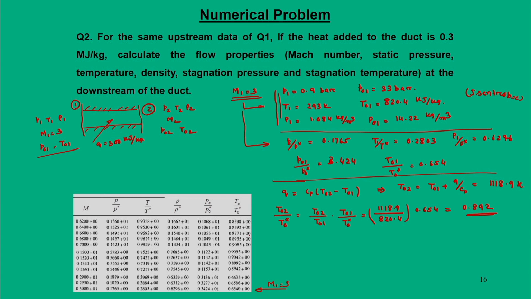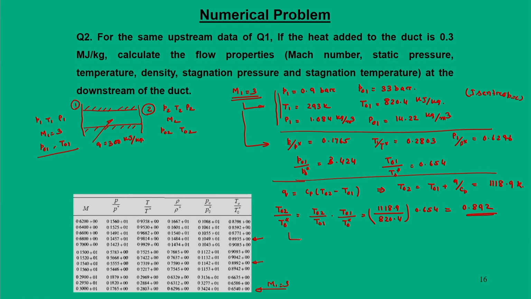Now, I am in a position to refer this table for this ratio. If you look at this number, then we will find that there are two numbers which is close to it. One is 0.8935, other is 0.899.